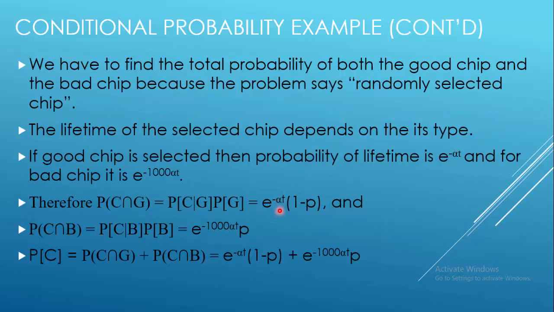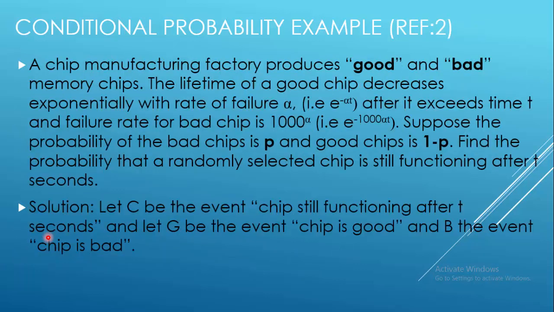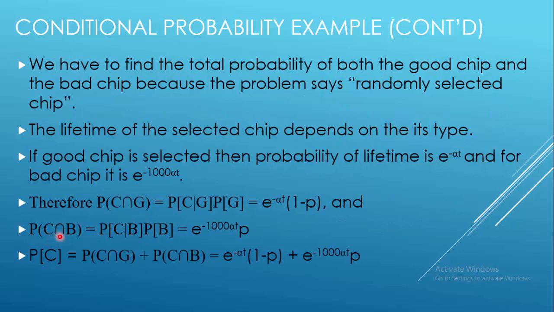So e minus alpha t multiplied by 1 minus p. And probability that the chip is still functioning after t seconds, given that we have selected bad chip, is e minus 1000 alpha t into p. So the total probability is nothing but we add up these two conditional probabilities and we get e minus alpha t (1 minus p) plus e minus 1000 alpha t p.